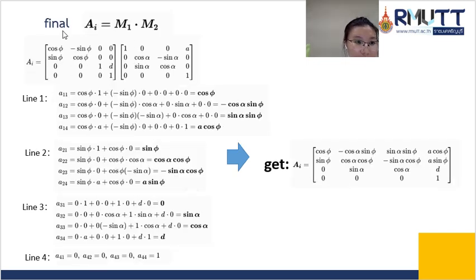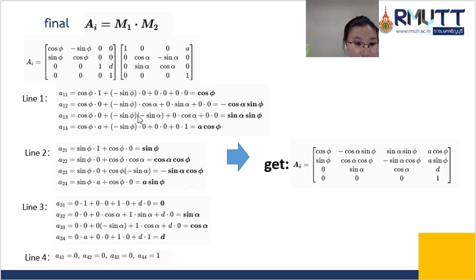The final A sub i equals M1 times M2. Multiply each row by each column.